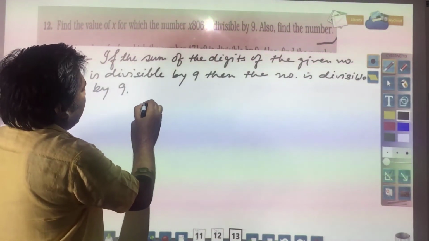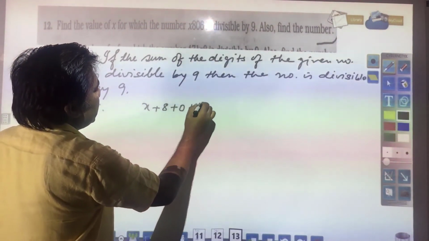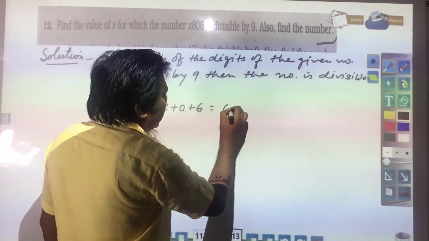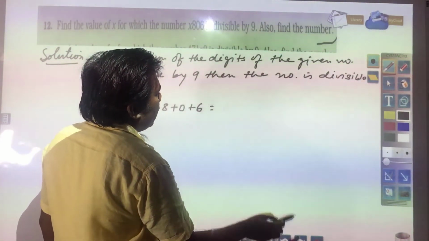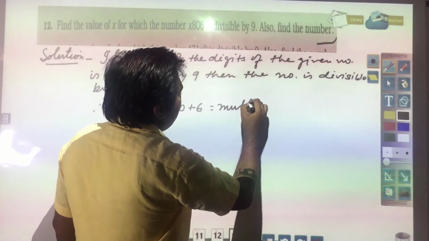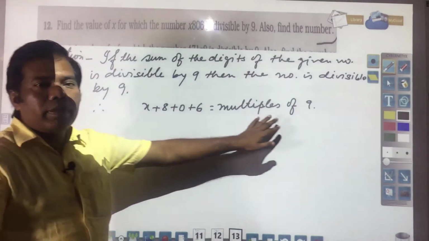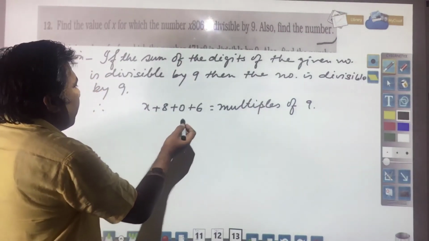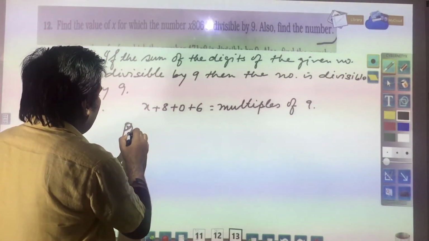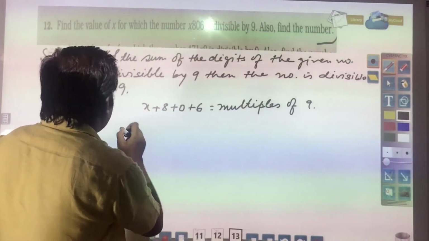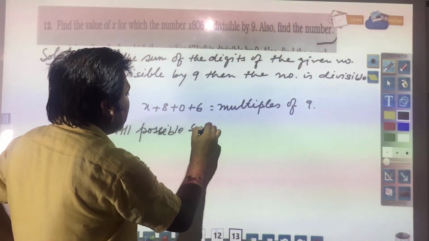So, that is why we write x plus 8 plus 0 plus 6 should be 0 or a multiple of 9. It cannot be 0, so just simply you write multiples of 9. Here you write all possible sums.